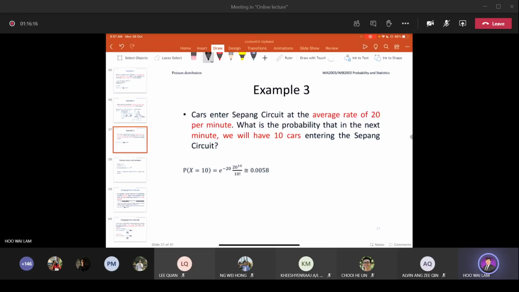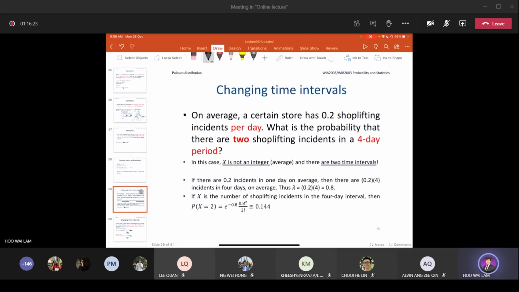And then this one, per minute, next minute. You notice that the unit is the same. But when you are actually changing the time intervals, on average, a certain store has 0.2 shoplifting incidents per day. What is the probability that there are 2 shoplifting incidents in the 4-day period? From per day, change to 4 days.